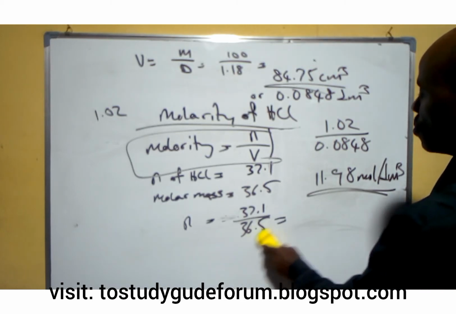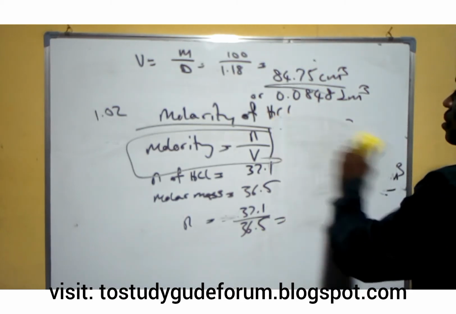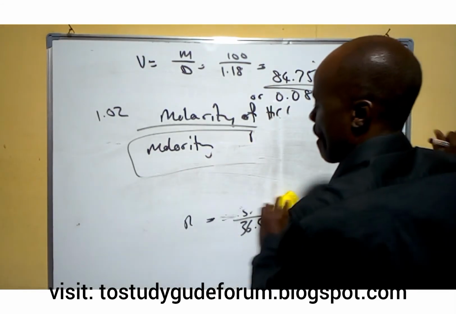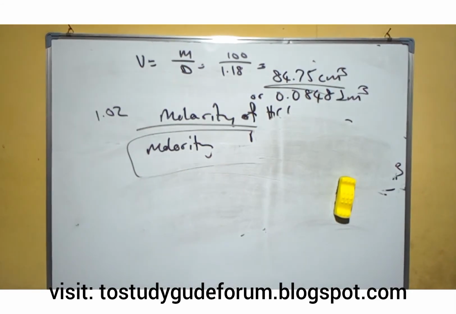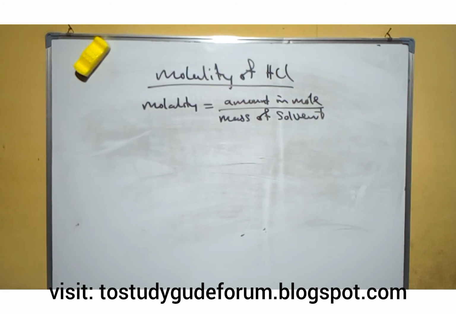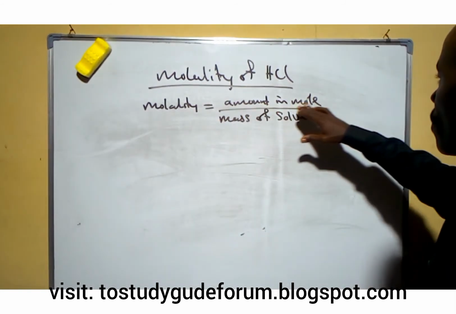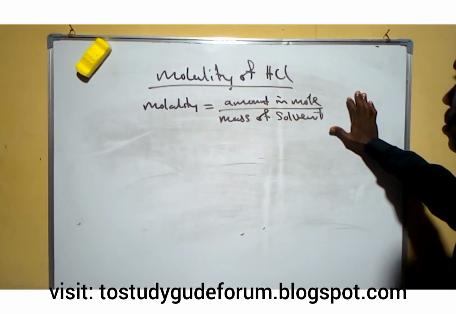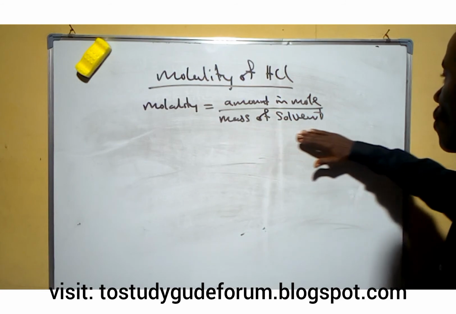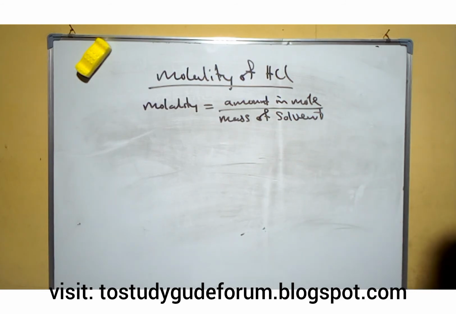Then the next thing we're doing is calculating the molality. Now we know that molality is the amount in mole over the mass of solvent.